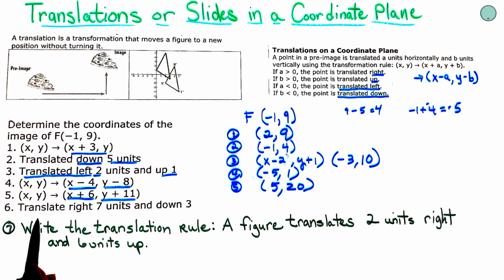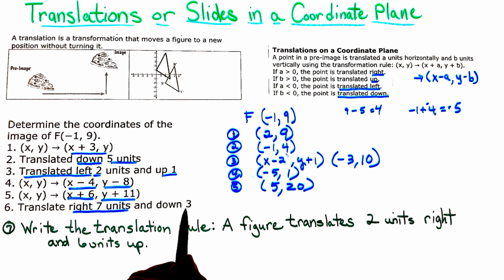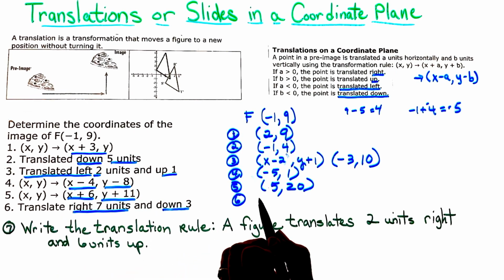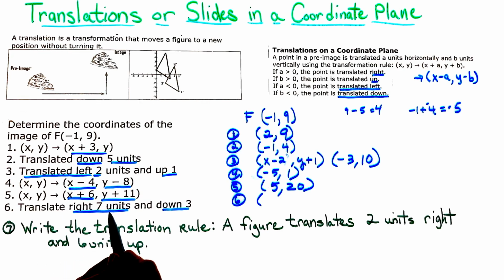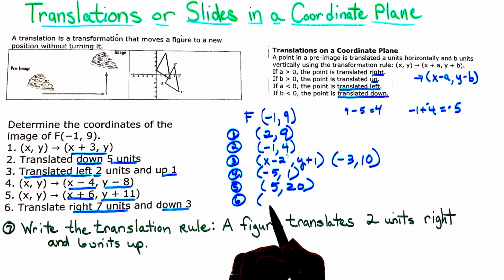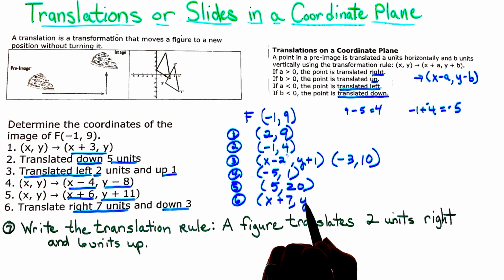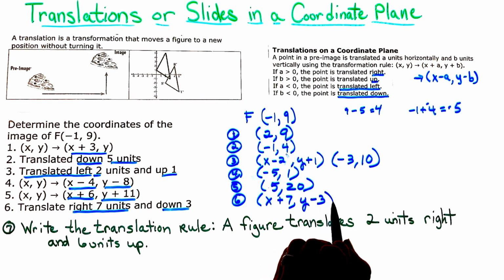For number 6, we're going to write the rule again. It says translate right 7 units and down 3. So let's write what that rule would look like. We're going to the right 7 units, so that is going to be x plus 7. And for our y, we're going down 3, so that is y minus 3.